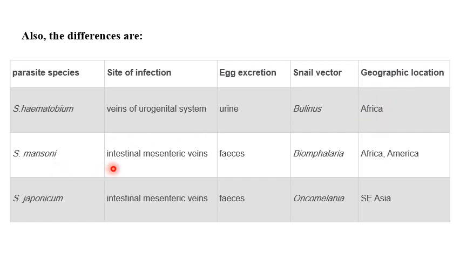Schistosoma mansoni is found in intestinal mesenteric veins, egg excretion in the feces, the snail vector Biomphalaria, found in Africa and America. Schistosoma japonicum: the site of infection is the intestinal mesenteric veins, egg excretion in feces, the snail vector Oncomelania, found in Southeast Asia.